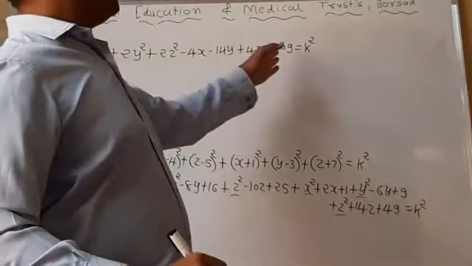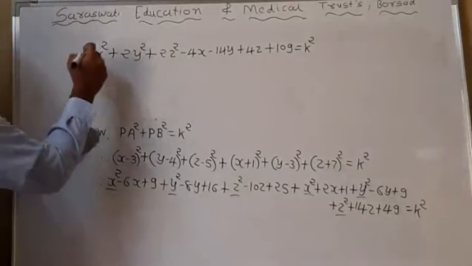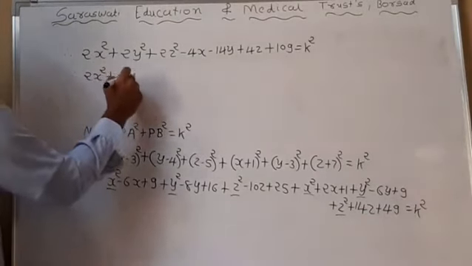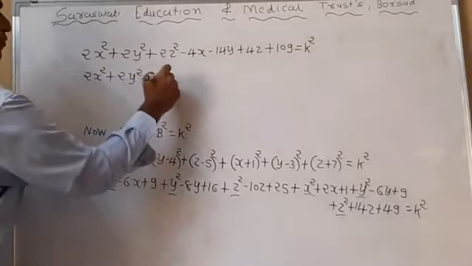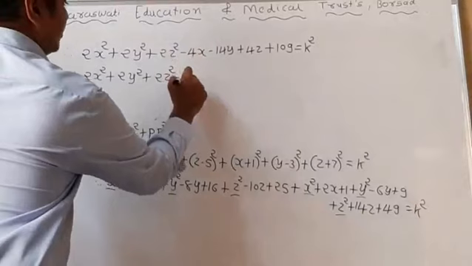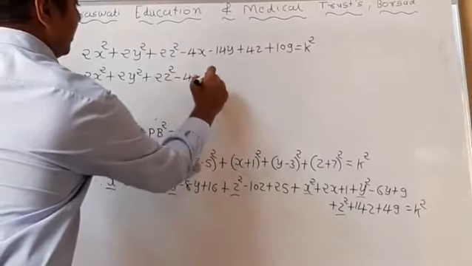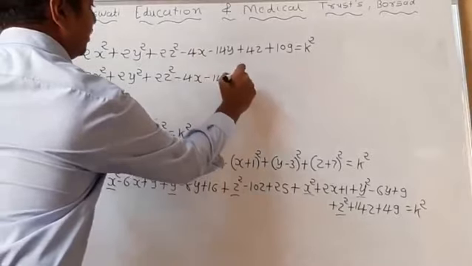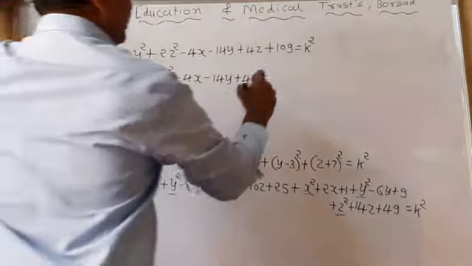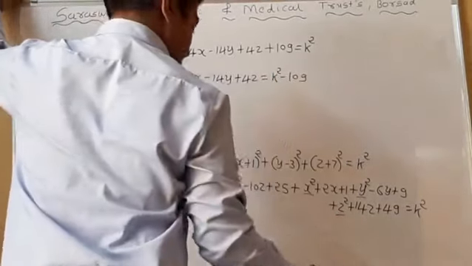Now move 109 to the opposite side, so the remaining terms are 2x square + 2y square + 2z square - 4x - 14y + 4z is equal to K square - 109.